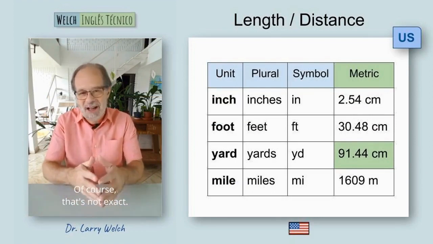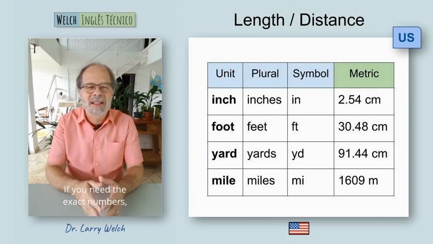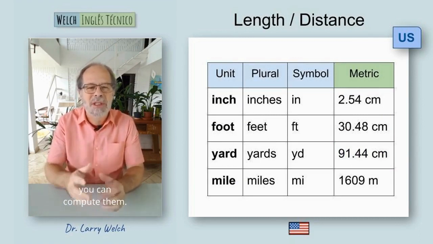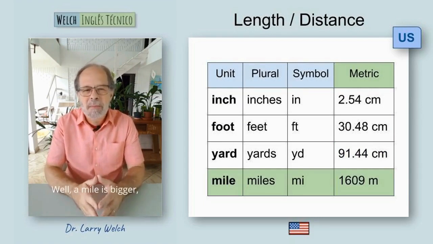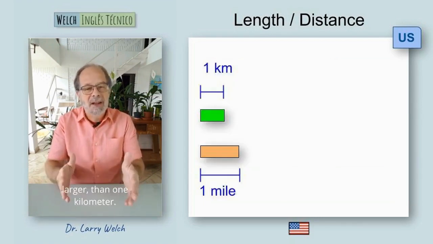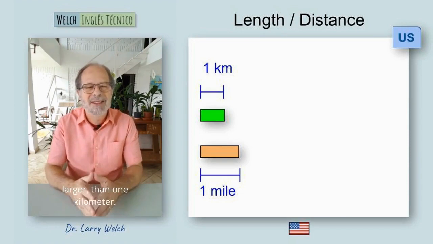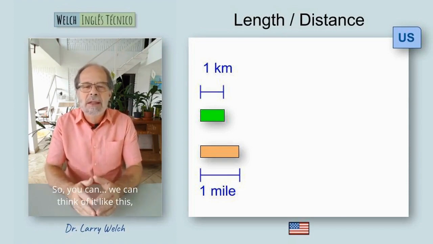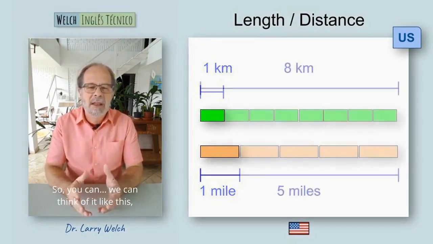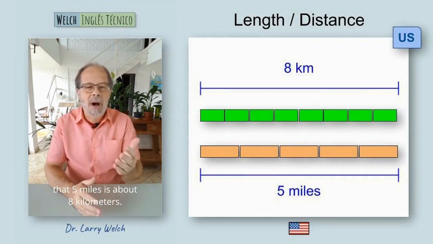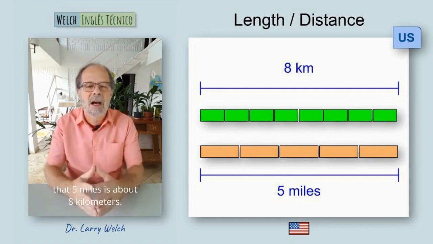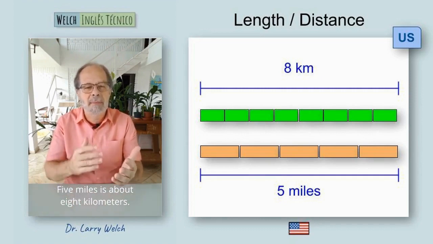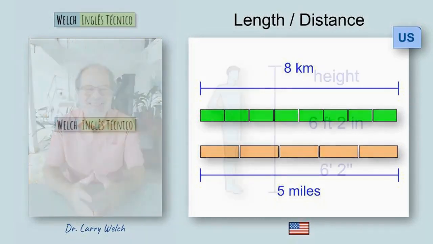Of course, that's not exact. If you need the exact numbers, you can compute them. And a mile. Well, a mile is larger than 1 kilometer. So we can think of it like this, that 5 miles is about 8 kilometers.